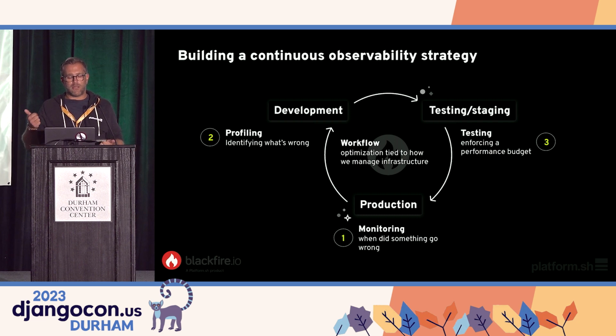Then on staging and testing, run automated tests like Pandy did to make sure everything is fine and within the budget you fixed. And then on production, make sure everything is running smoothly, because even with all those tests, sometimes you've missed something and you've deployed something that decreased performance.